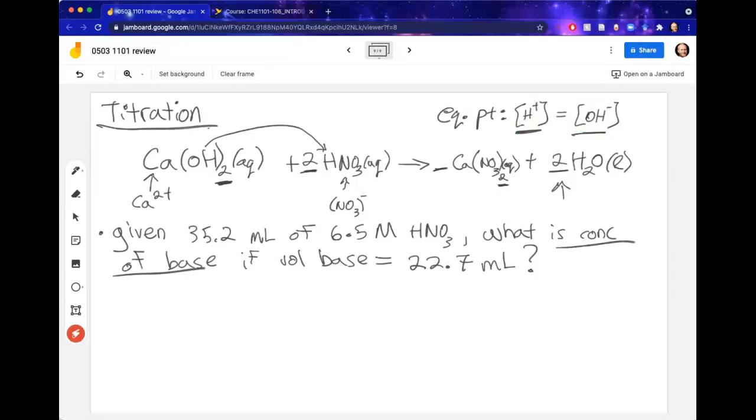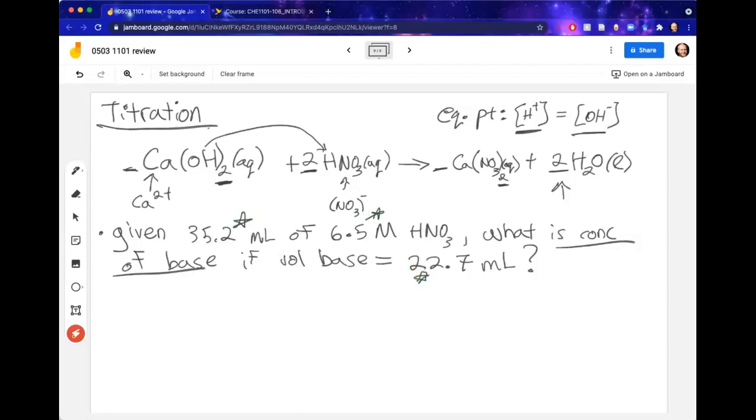So at some point in this problem, we're going to need to use the mole to mole ratio between the acid and the base in order to solve this problem. So the first step is going to be using the information given to try to calculate something about this problem.